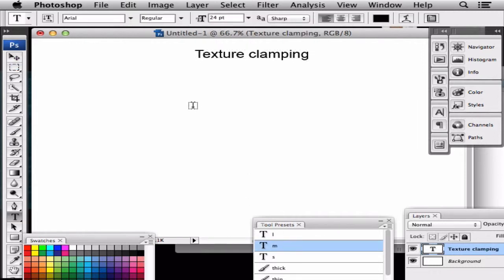The idea is that when you go beyond 1 or beyond 0 on the negative side, instead of wrapping around to repeat the texture, you just repeat the last line of pixels on the texture infinitely.